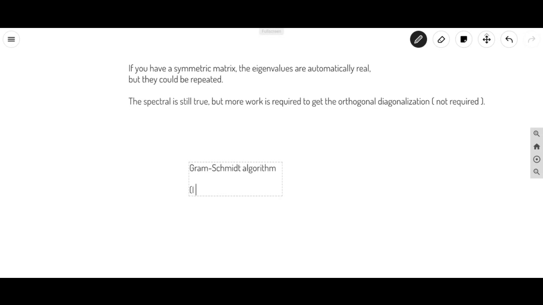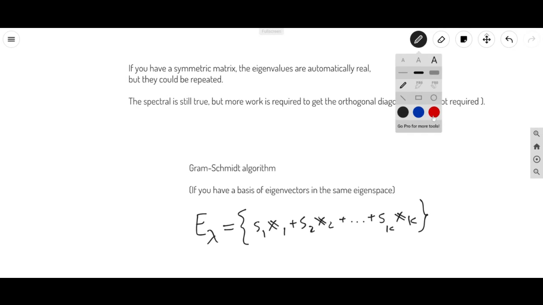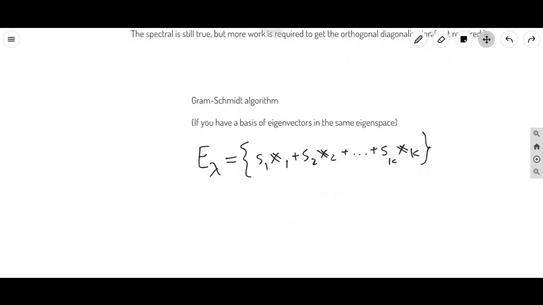What it says is that if you have a basis of eigenvectors in the same eigenspace, so you have an eigenspace and you found its basis, like S1 X1 plus S2 X2, you cannot necessarily just choose them and have them be perpendicular. There is a way of choosing; there's an algorithm.